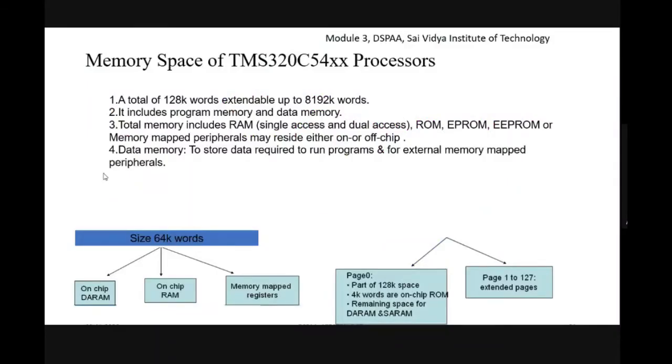Memory space of the TMS320C54XX processor. How is memory space organized?